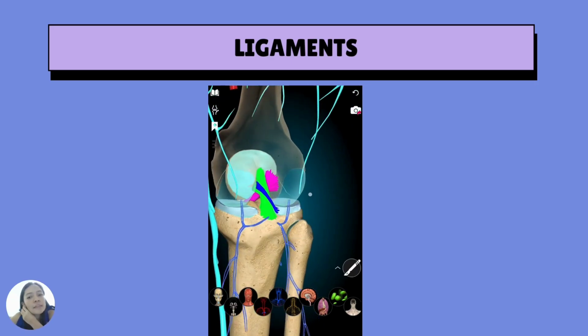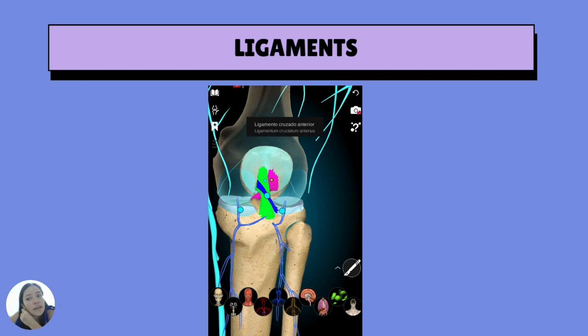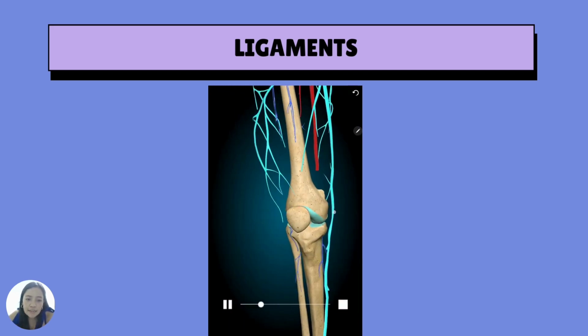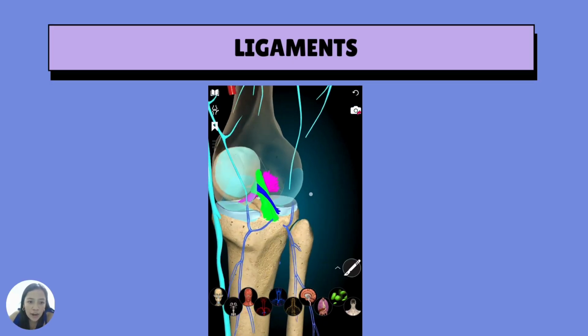Finally, we have the ligaments: the anterior cruciate ligament, the ACL, and the posterior cruciate ligament, the PCL, that control the front to back movement of the tibia and femur, that we can see in pink and green color.